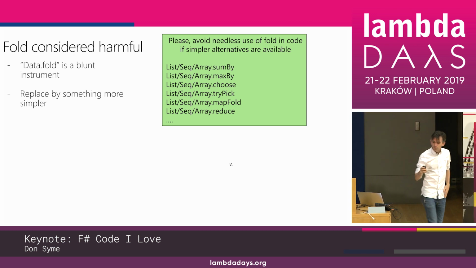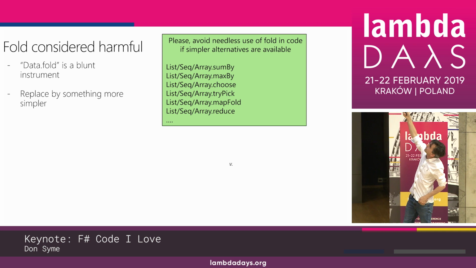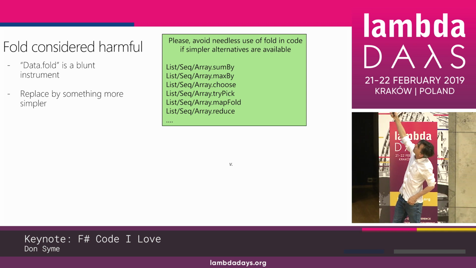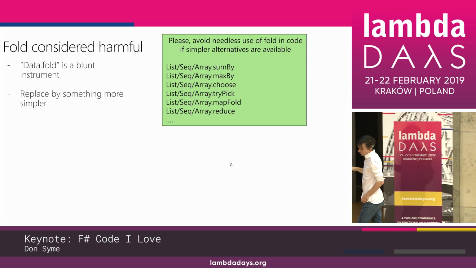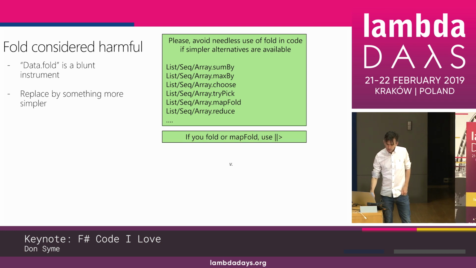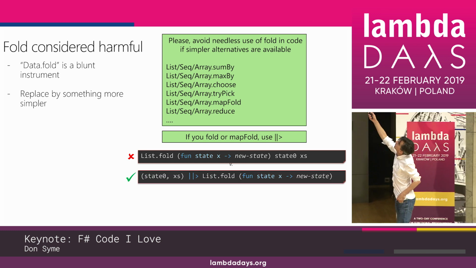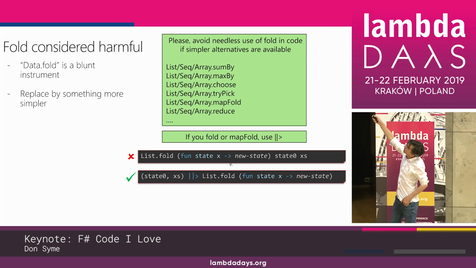And so in F#, you'll nearly always use these. There's a wide range of other operations, sum by, max by, choose, try, pick, map, fold, and reduce, and so on, to avoid using an explicit fold here. And you can do some nice coding like this, where you say, usually the inputs go on the left here.